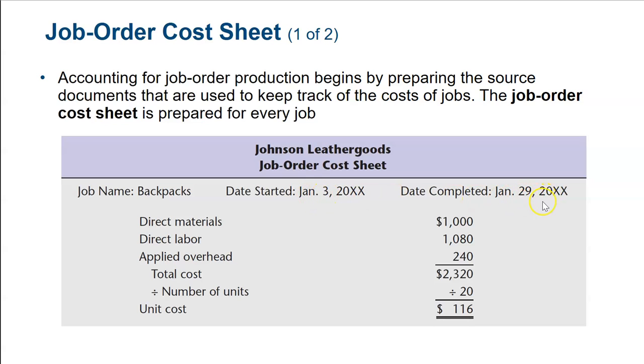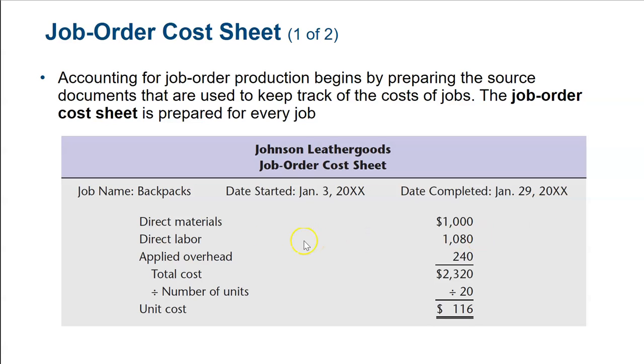When we look at this example, it doesn't mean that they were working non-stop on this for 26 days. They may have only worked on this for 2 or 3 days, or maybe 5 days for a few hours to get this job completed.